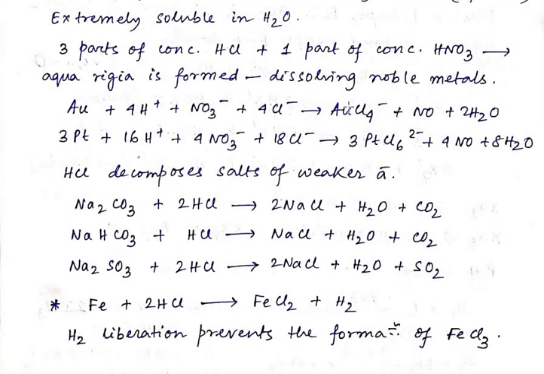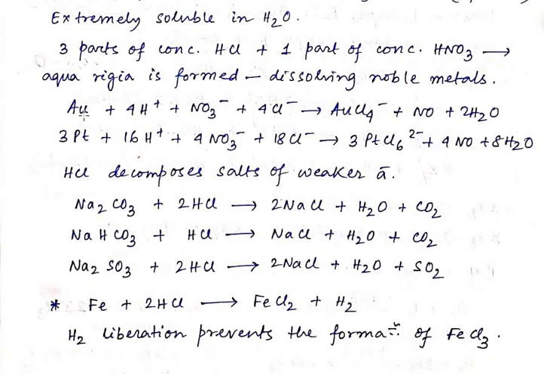So here I have written the reactions, meaning how the noble metals get dissolved in aqua regia. Suppose I have gold and H plus, NO3 minus and Cl minus, where NO3 minus comes from the HNO3 and Cl minus comes from the HCl. So when these react, it will form AuCl4 minus along with NO and water.